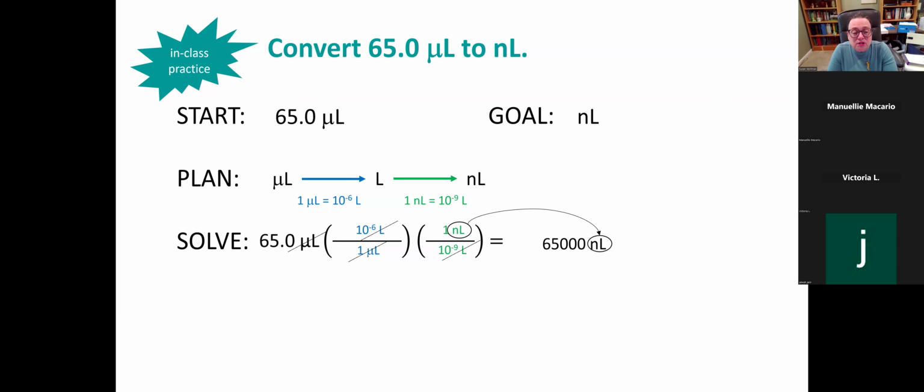How many significant figures are in our microliter to liter conversion? There are a lot of different numbers going on there. Where did that conversion factor come from? 1 microliter equals 10 to the minus 6 liters.